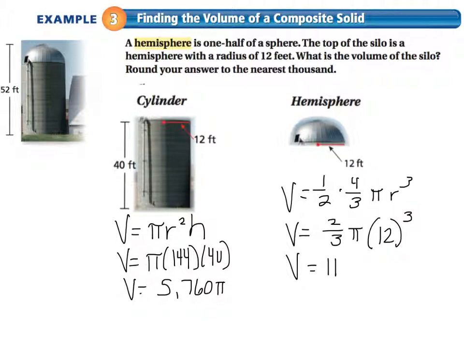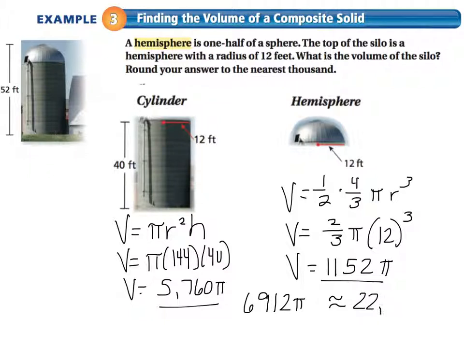That would give you, if you plugged it in, 1,152 pi. So the total volume, if you added these together, would be 6,912 pi, which rounded to the nearest thousand is approximately 22,000 cubic feet.